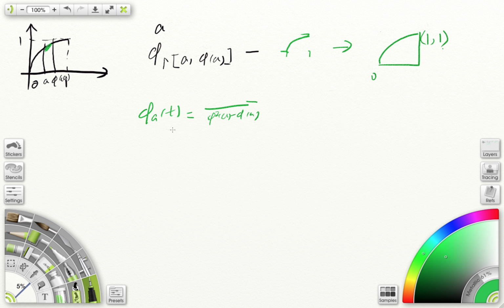And the next step is to extend it. The way to extend it is that phi A of t plus k equals phi A of t plus k.